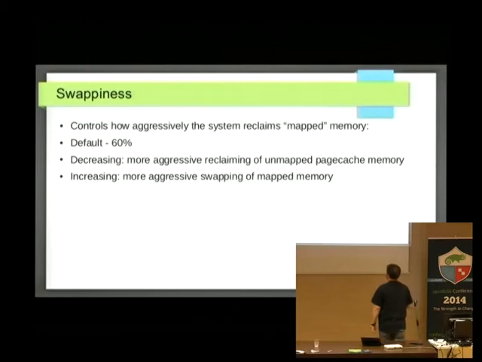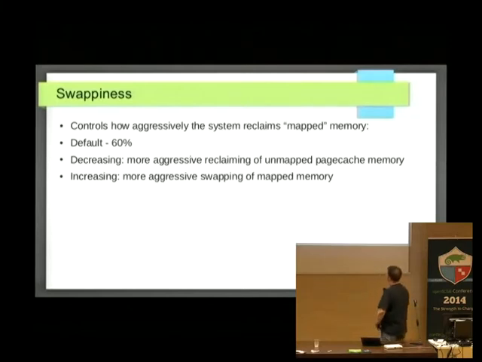Swappiness. Swappiness controls how aggressively the system reclaims mapped memory. Default swappiness on openSUSE and all Linux distributions is about 60. Decreasing this number means more aggressive reclaiming of unmapped page cache memory.